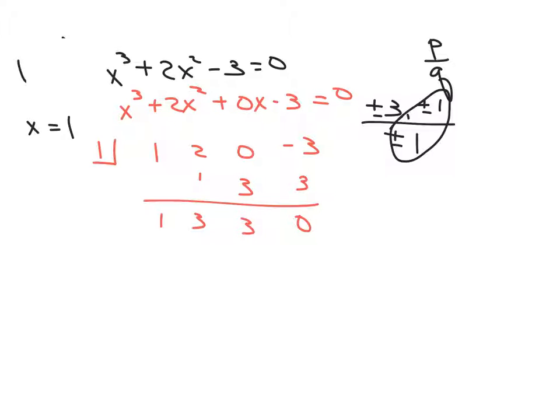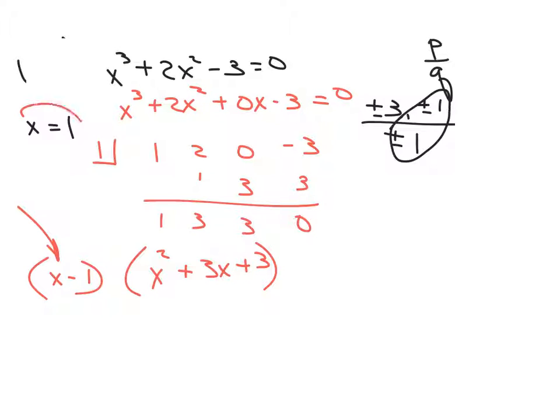Okay, so x minus 1 works, leaving me with x squared plus 3x plus 3. So this is an x minus 1 when that's all factored down. And so obviously what makes that 0 is our 1. So I know one of my answers is 1. And my other ones are going to be whatever that factors down to.